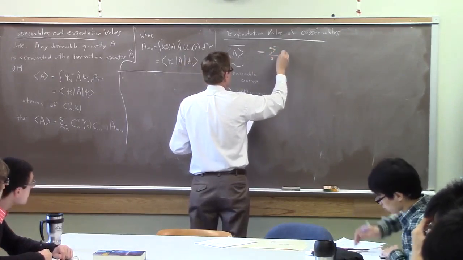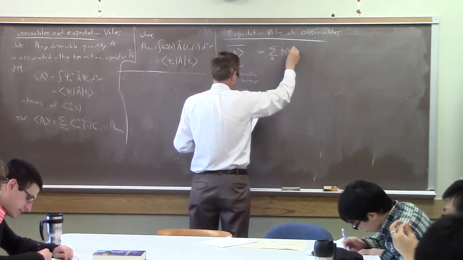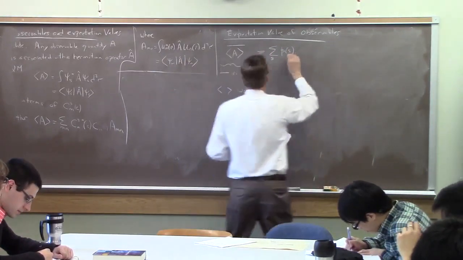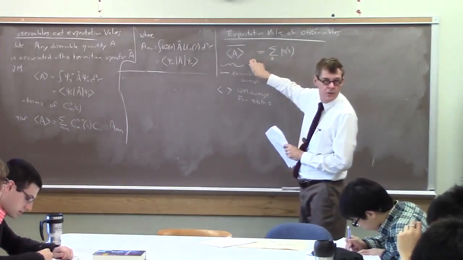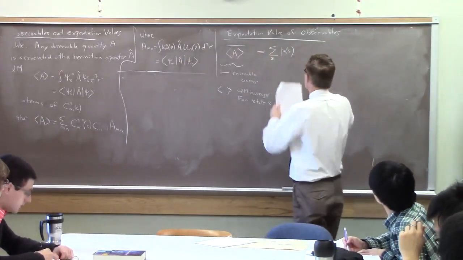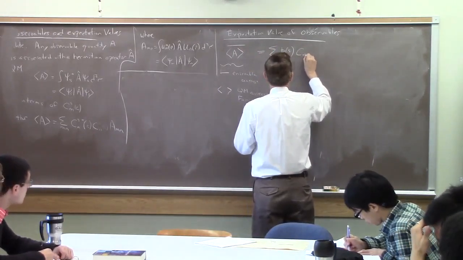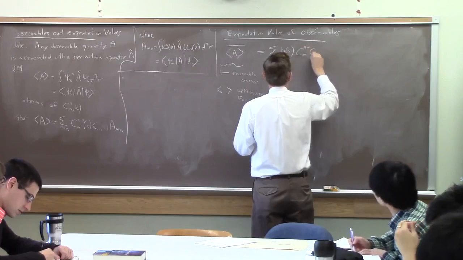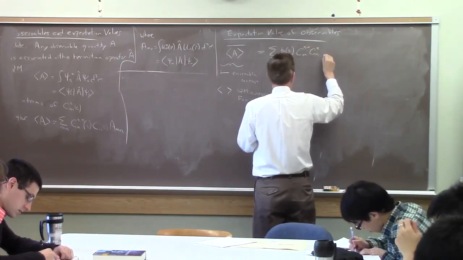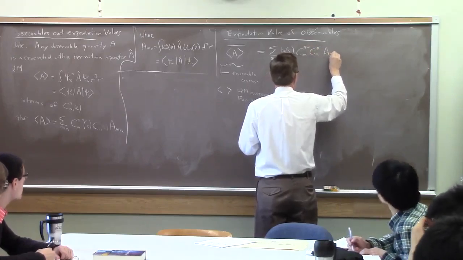So this will be the sum over S of P of S of the expectation value if we are in state S. So this will be C_m^S star C_n^S A_mn.